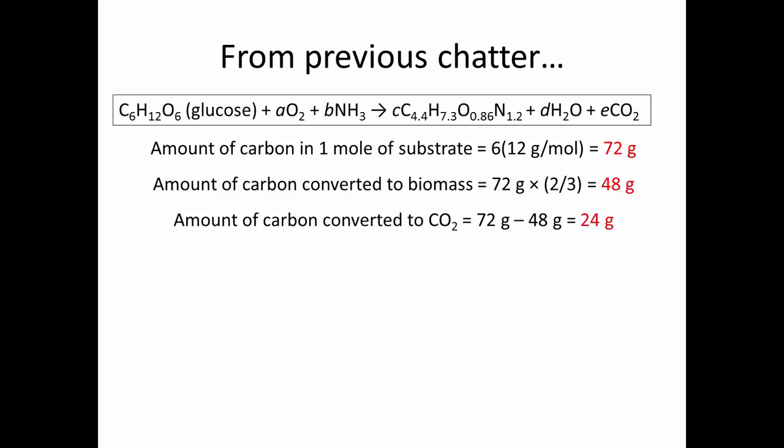So what we did previously is that we solved for glucose utilization and biomass production, where we looked at the amount of carbon in 1 mole of substrate, so 1 mole of glucose, and you'll do something similar on Wednesday.